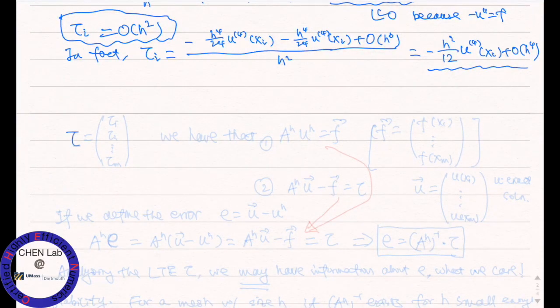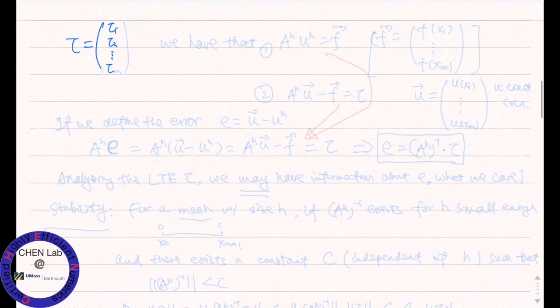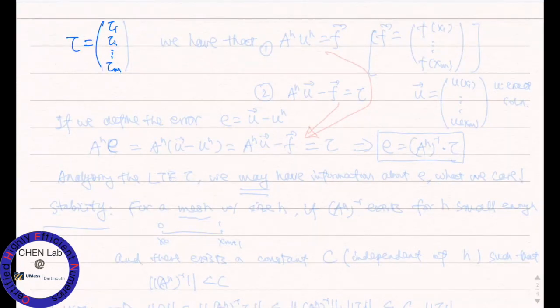So if we call the vector tau to be of components tau 1, tau 2, up to tau m, basically the value of the local truncation error at location xi as we did above.